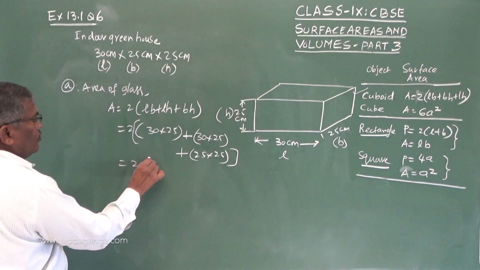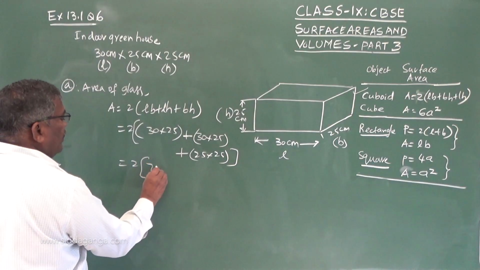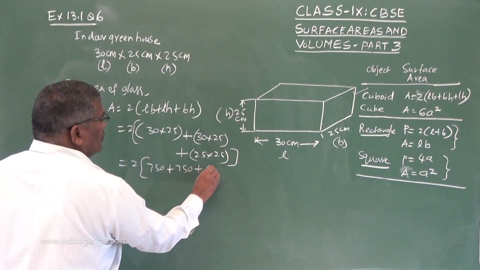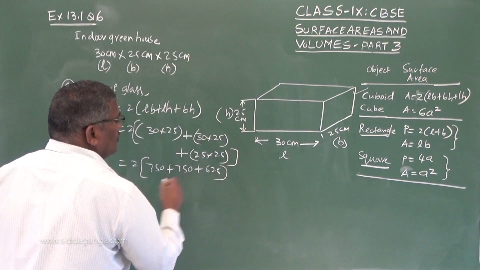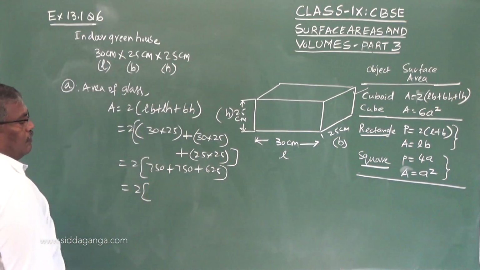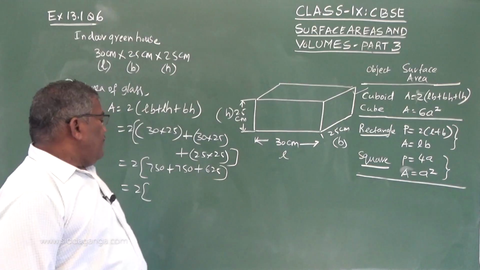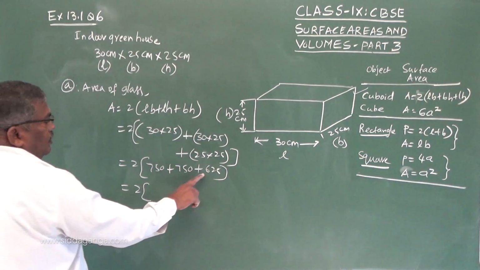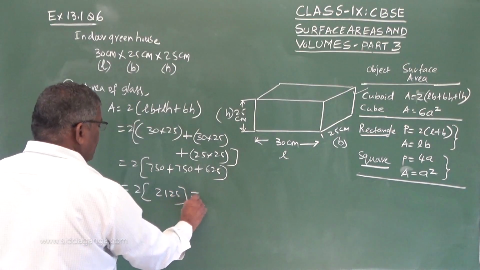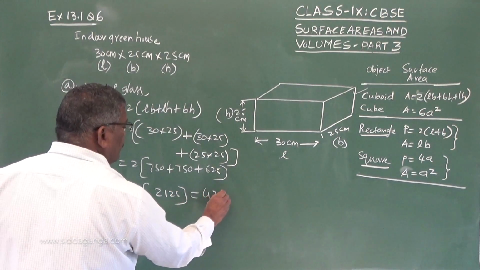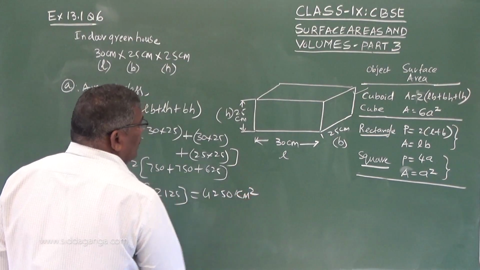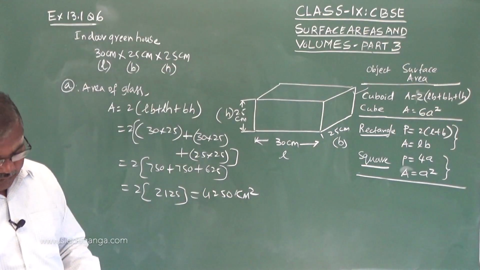So this equals 2 times 750 plus 750 plus 625. So this equals 2 times 2125, which is 4250 centimeter square. This is the glass size required.